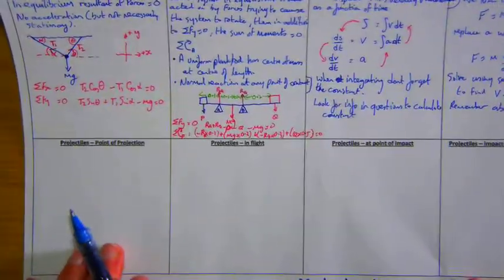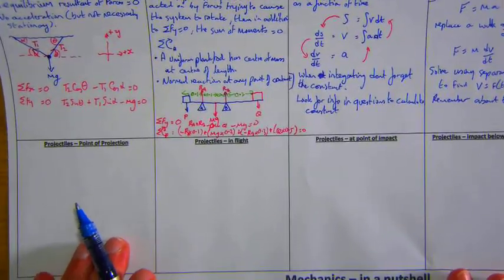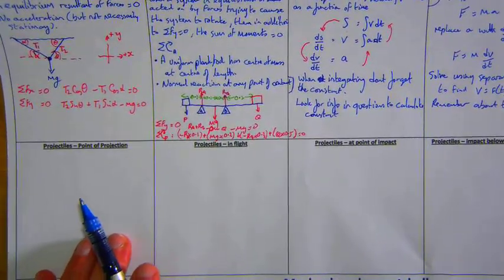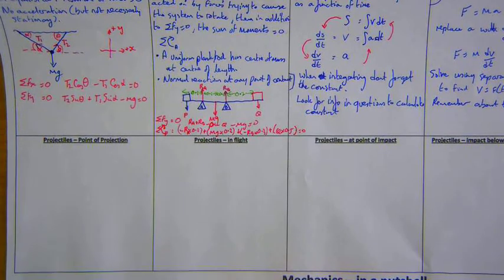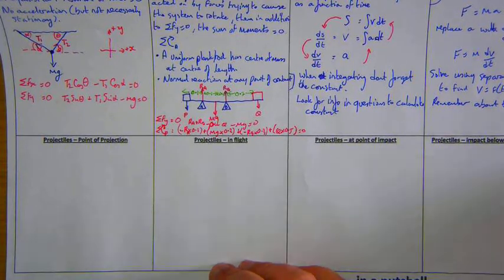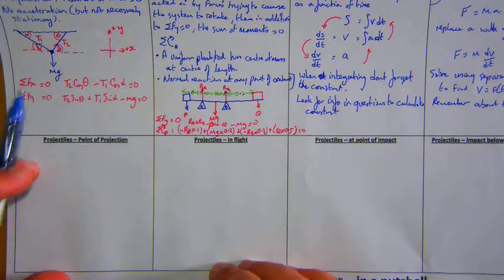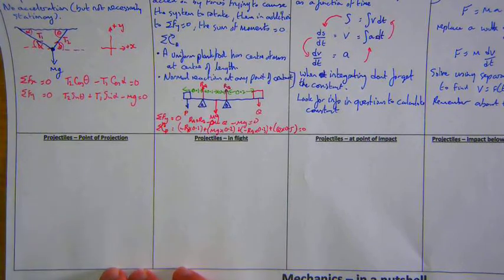Then the final run of revision boxes are all to do with projectiles, which is another fabulous topic in mechanics that sadly we didn't have anywhere near the opportunity to have fun with online as we could have in class. So first of all, we look at what happens at the point of projection.